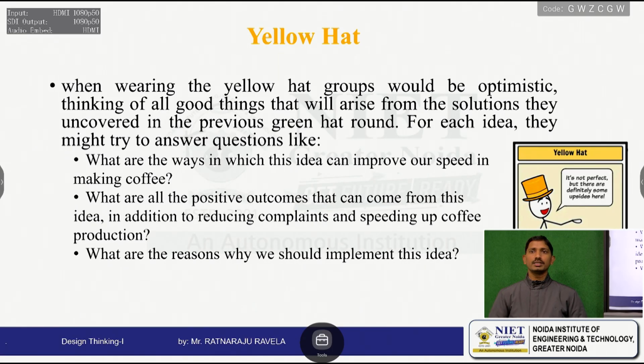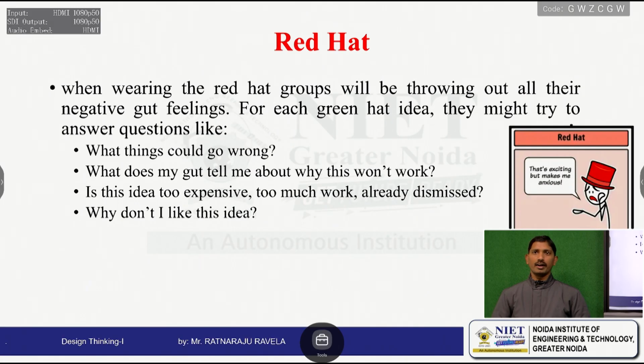What are the reasons why we should implement this idea? Okay, so positive ideas and positive energies are an optimistic way of seeing the solution. We will see the positive side of the solution that we are implementing in this hat.